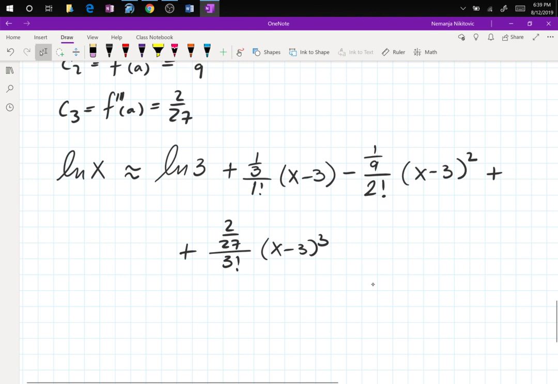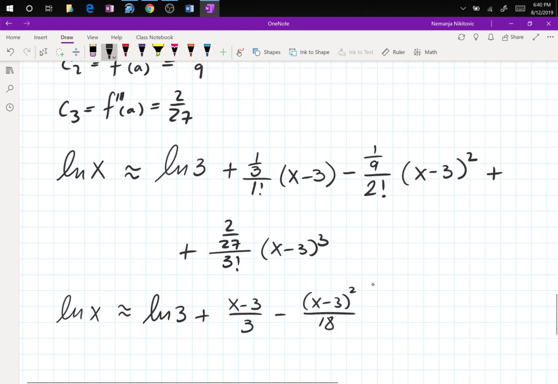polynomial to work with. So ln x is approximately ln 3 plus x minus 3 over 3, minus, 2 factorial is 2, so 1 over 18, so x minus 3 squared over 18, plus, 3 factorial is 6 and 6 times 27 is 162, so 2 times x minus 3 cubed over that.